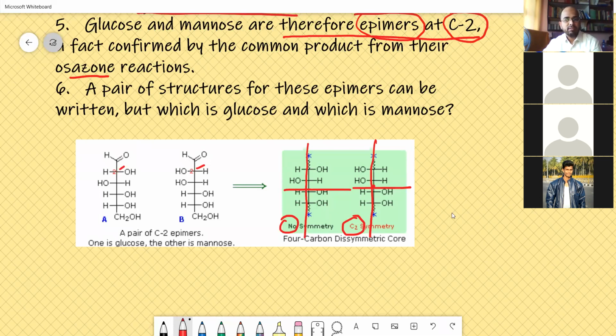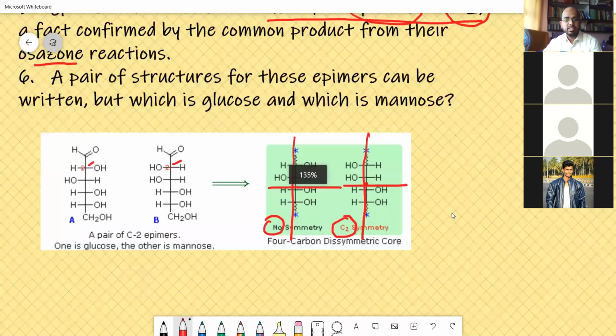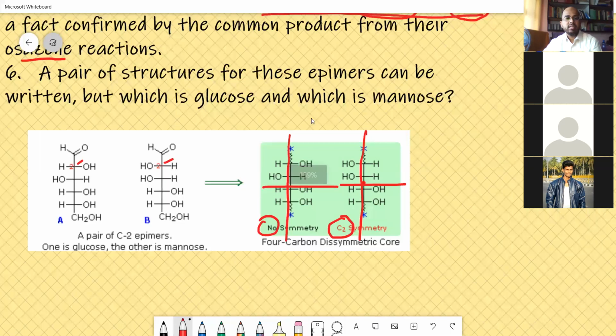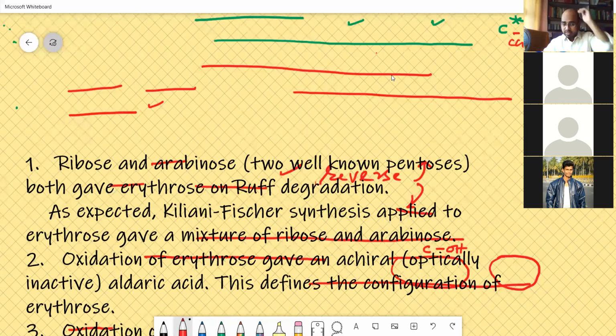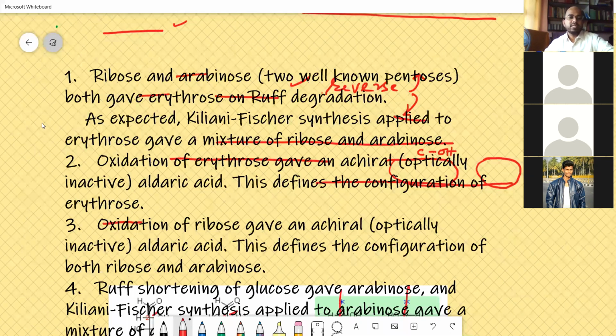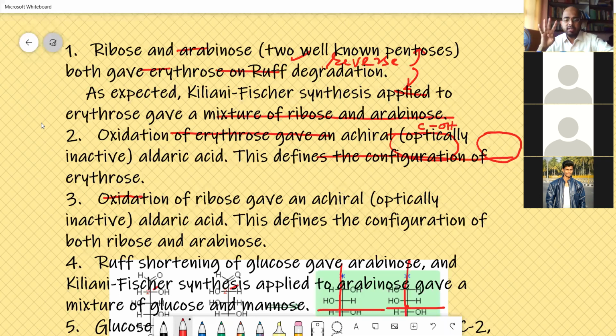It's nothing to be worried about. We remember these six points, the configuration of glucose. It's getting confused, so I'm not dragging it again. What you have to write is, you take first glyceraldehyde, three carbon atoms, lengthen it into four carbon atoms, and then lengthen it to five carbon atoms.